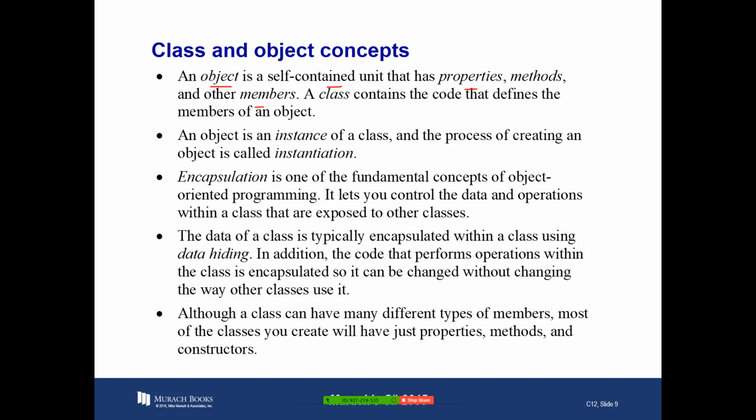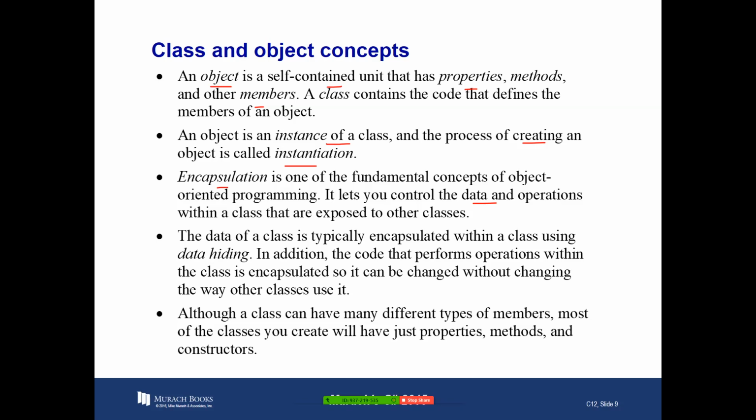An object is an instance of a class, and the process of creating an object is called instantiation, and you know that. Encapsulation is one of the fundamental concepts of object-oriented programming, and it lets you control the data and operations within a class that are exposed to other classes.